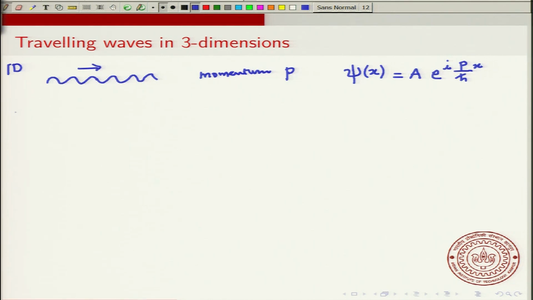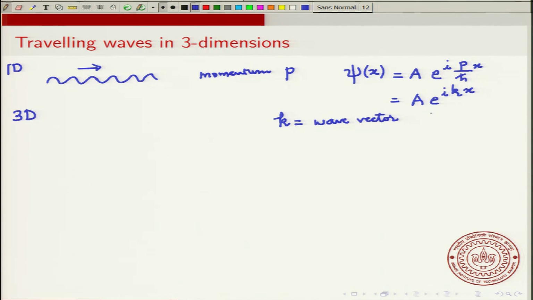Before I go to 3D, this quantity p by h cross is written as the wave vector k, so you have e to the i k x. This is again related to the de Broglie hypothesis that a wave has a momentum p, and p by h cross is what is called the wave vector.